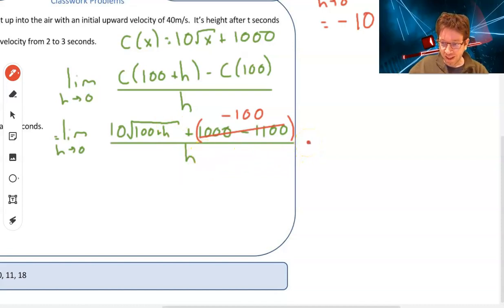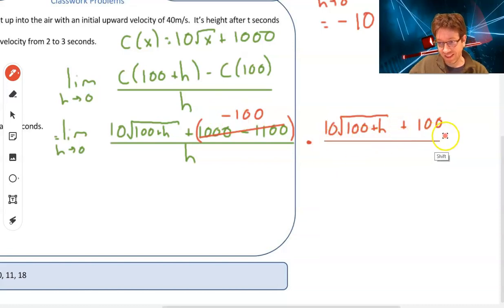So we're going to multiply by the conjugate of this. So we have 10 times the root of 100 plus h, and instead of minus 100, we're doing the conjugate, so plus 100. And we're going to have the same thing on the denominator, so that I'm not changing anything. We're only multiplying by 1, essentially.